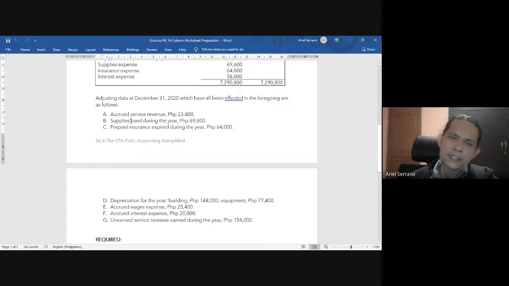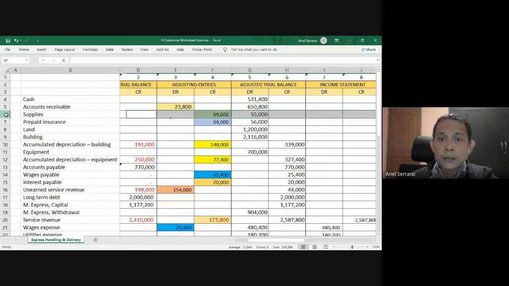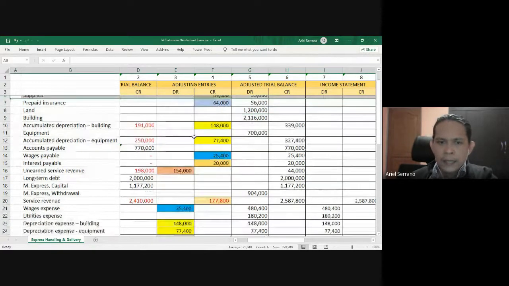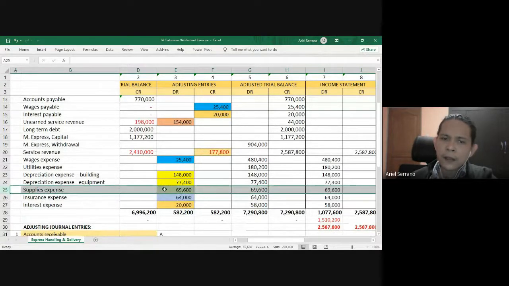Initially, it's set up in the supplies account in your balance sheet, but then we have to transfer this amount to your profit or loss. That is why the 69,600 is presented as a credit under your supplies row. And then we will go to the supplies expense and we will find the debit portion. Okay? So this is where we will find this one.